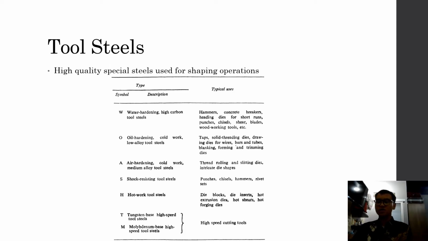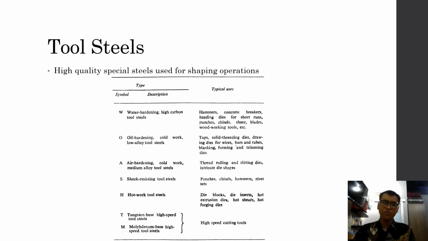The classification of principal types of tool steels and their uses are given in this table, where type W is water-hardening high-carbon tool steel and is typically used for hammers, concrete breakers, heading dies for short runs, punches, chisels, shear blades, woodworking tools, etc.